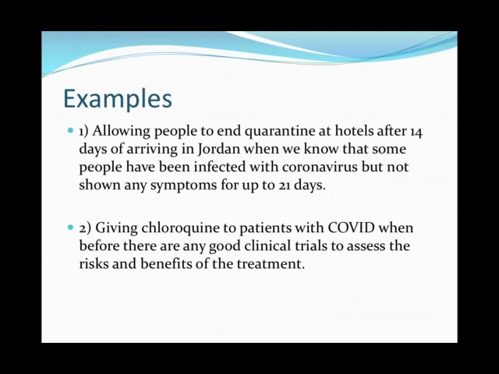It was probably a bad decision, though I'm not saying it was wrong. People were doing the best they could at the time, but there was a higher risk of it being a bad decision because we just didn't have any information about it. Whereas with the other one, we know that there's a risk, but we know that the risk is pretty low, and so that makes it less likely that this is going to end up being a bad decision.